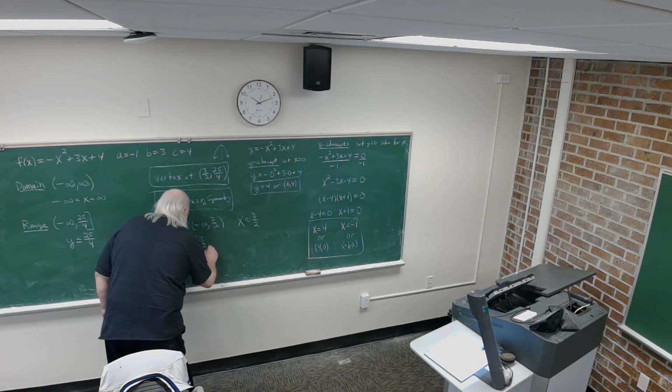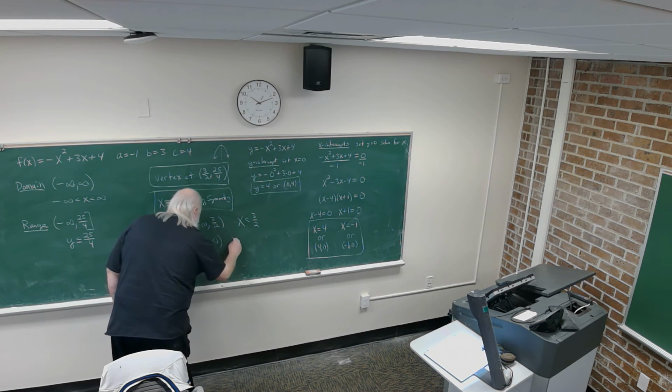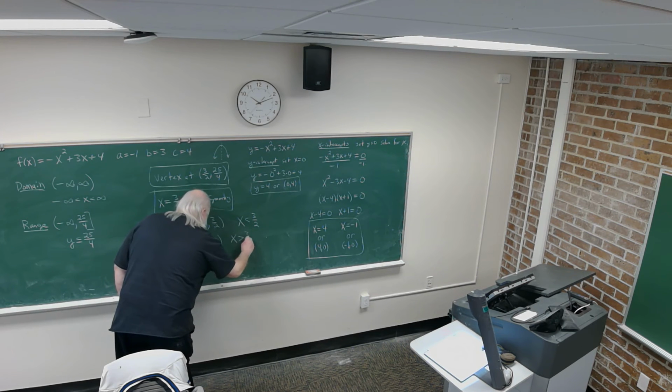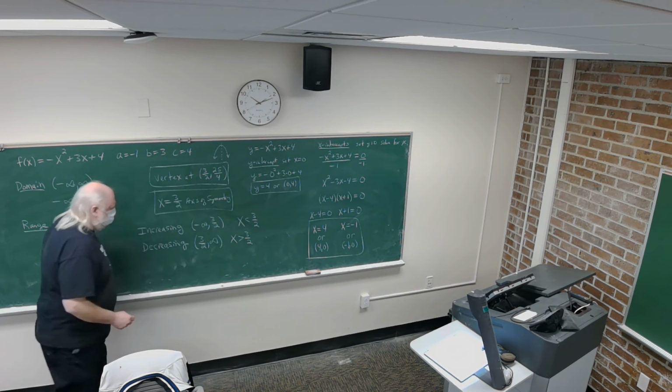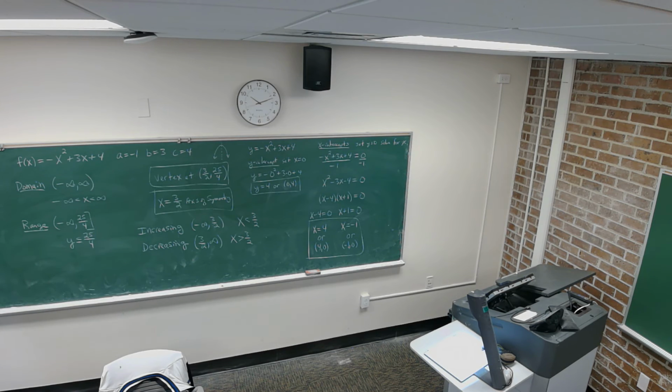Three halves, comma infinity. That's how we write x greater than 3/2. So for x less than 3/2, I'm walking uphill. For x greater than 3/2, I'm walking downhill.